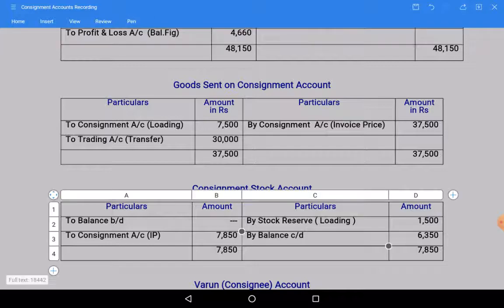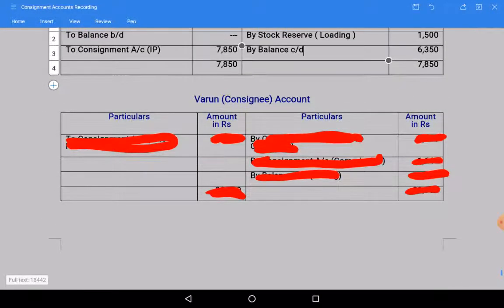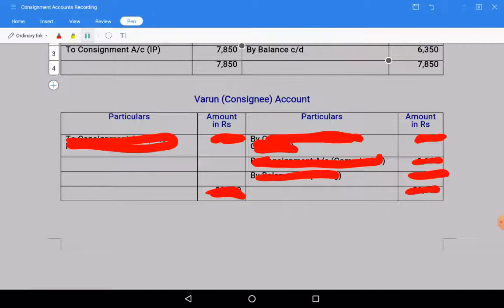Our next account is Varun account, that is also asked in the question. So for practice purpose, goods sent on consignment and consignment stock account we have made. Now let us see the Varun account. Varun had paid some expenses for the purpose of consignment.